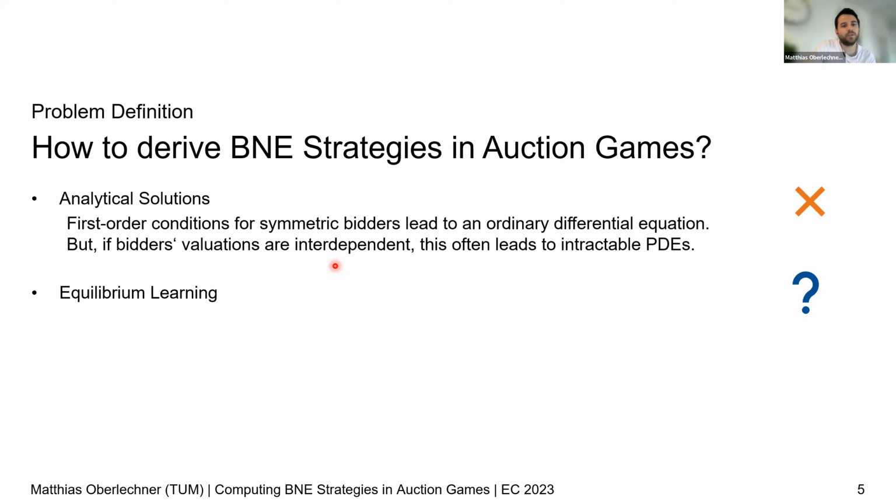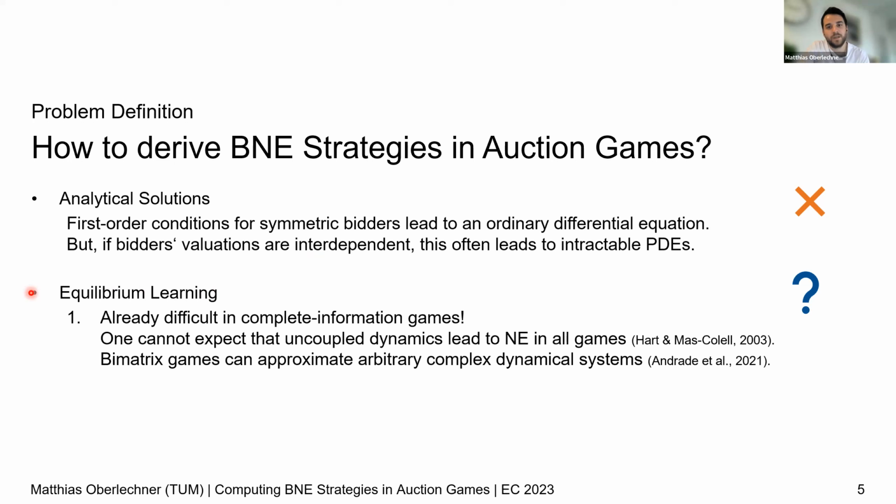So one other way would be, well, we could use equilibrium learning to derive these equilibrium strategies. But here we have 2 major problems. First of all, already in the simpler complete information setting, we know that the dynamics might not lead to Nash equilibrium in all settings. And we know that even in very simple settings, such as bimatrix games, for instance, the learning dynamics can lead to arbitrarily complex behavior.